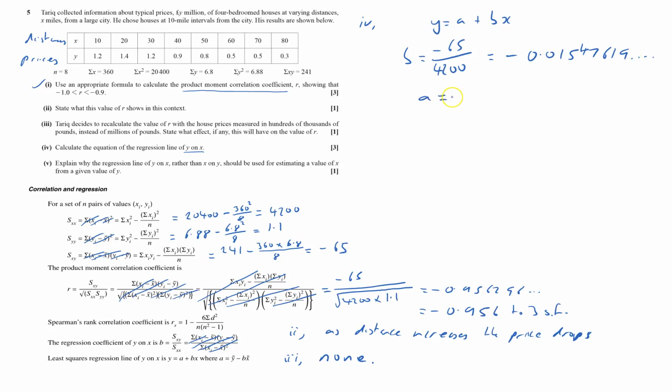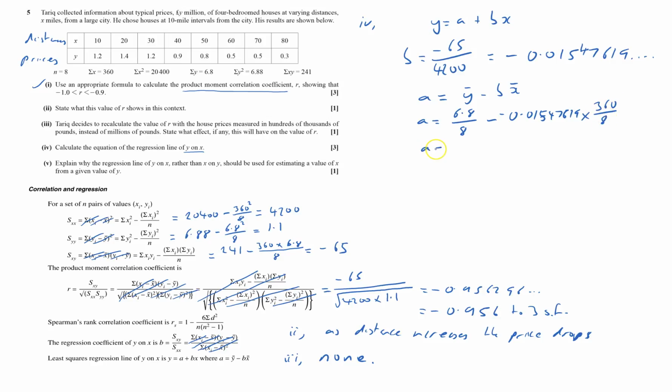I now can work out what A equals, because A equals Y bar minus B X bar. So A equals Y bar, the sum of the Y's divided by how many there are, take away B, which is minus 0.0154761.9, times X bar, which is the total of the X's divided by how many there are.